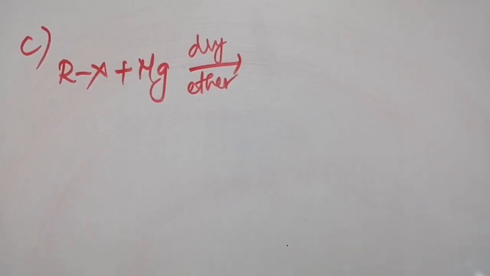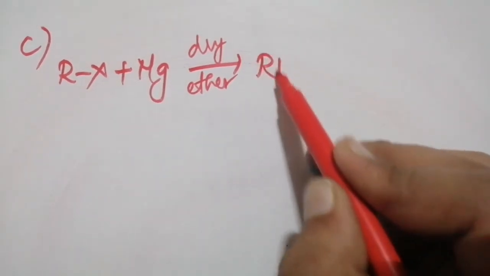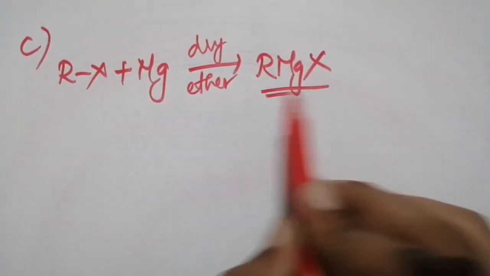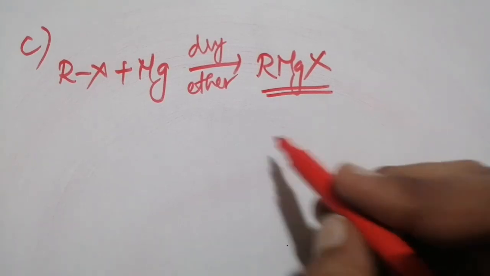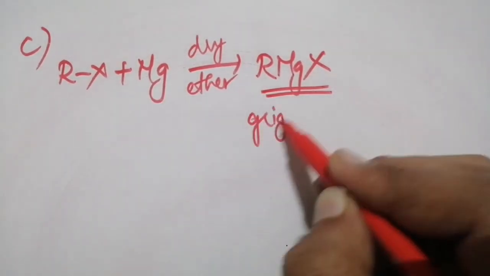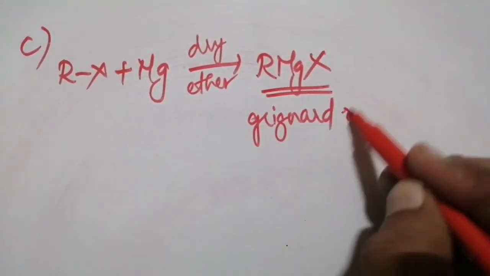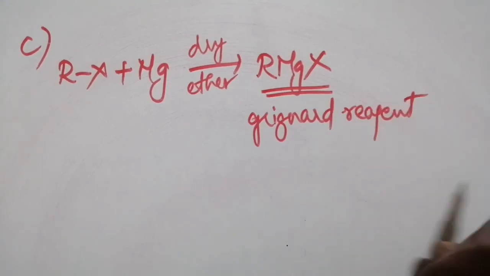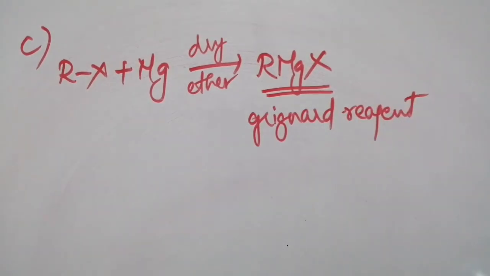RX plus Mg in presence of dry ether will yield me RMgX, a very important compound which is known as Grignard reagent.